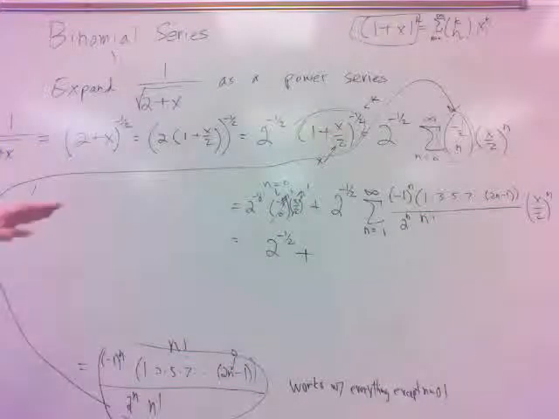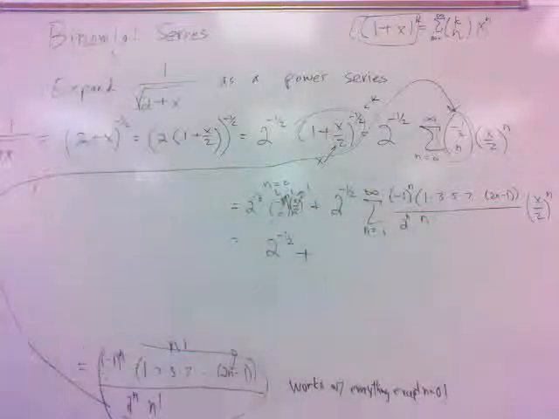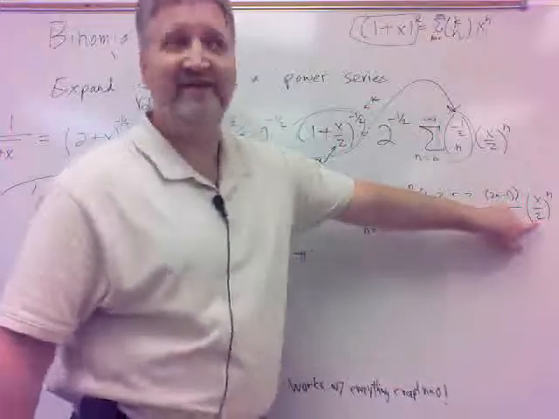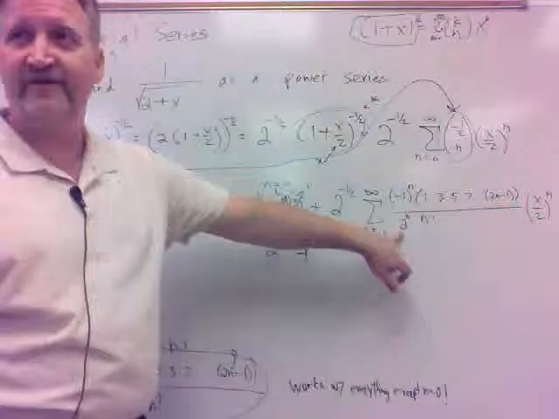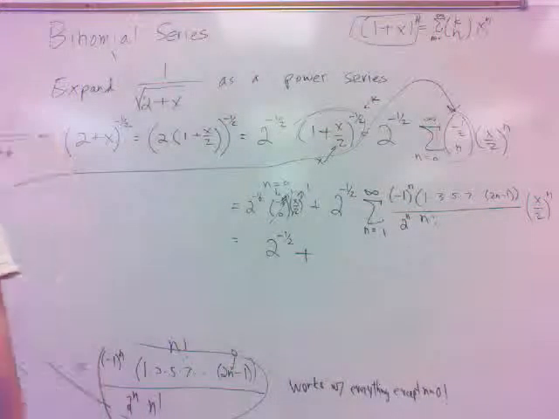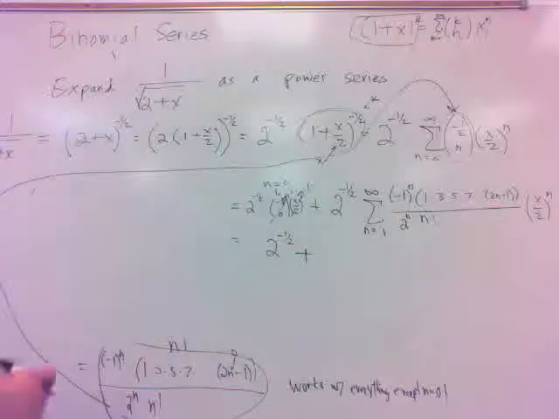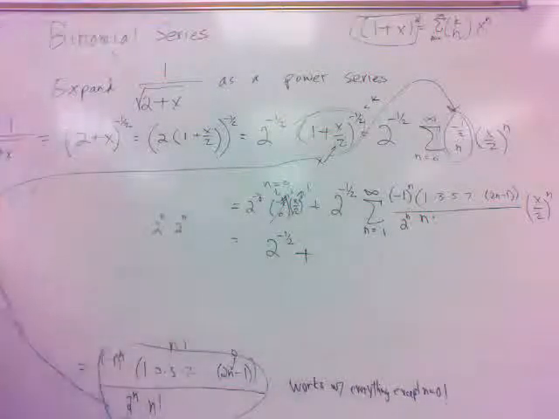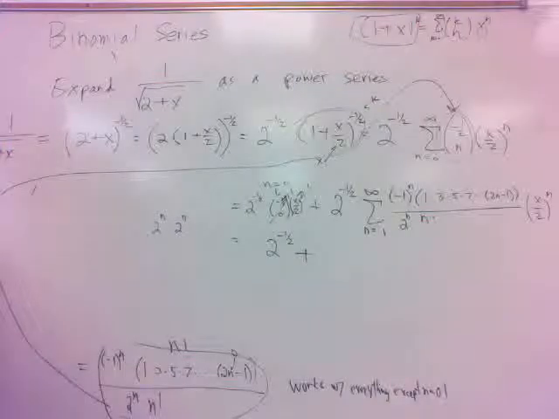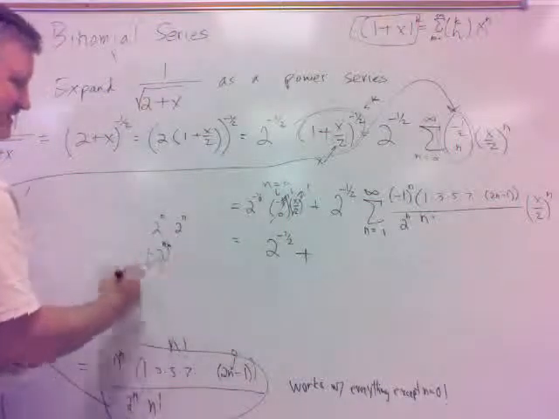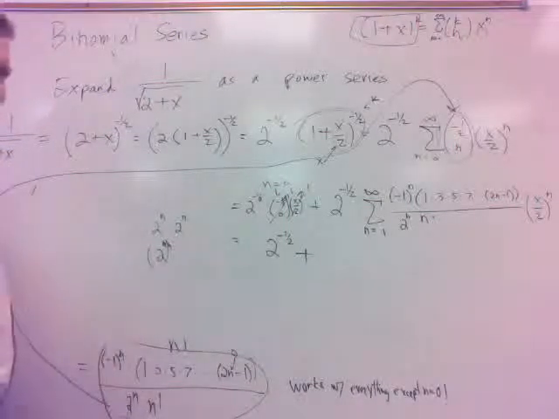Now, do you see anything I could simplify with this big mess right here? Well, notice over here, I've got 2 to the n there, and then I've got another 2 to the n here. So I've got a 2 to the n times another 2 to the n. What is 2 to the n times 2 to the n? 2 to the 2n, which isn't that 2 squared to the n? 4 to the n?